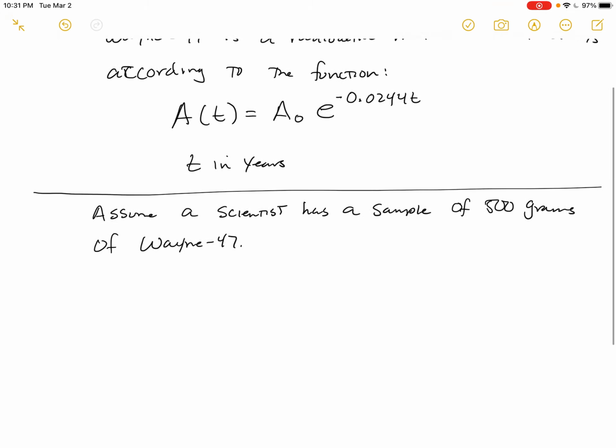Okay. Then they're going to ask you to answer some questions. So their goal right now is to make sure that you have familiarity with this formula, that the numbers make sense and the variables make sense to you. So this natural number e is coming up here, and that is not a mistake that it's being used.